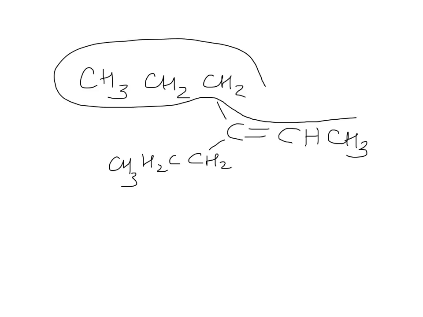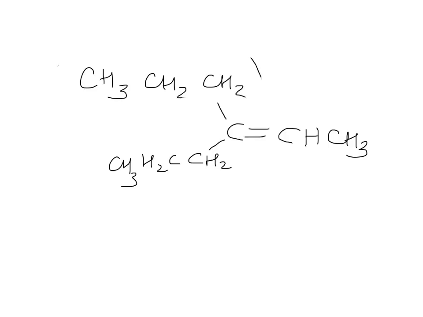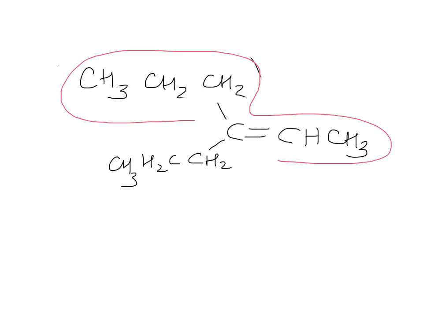Let me point out the longest chain properly. My longest chain would be this one. This has, I think, 1, 2, 3, 4, 5, 6 carbons. This would be the longest chain.